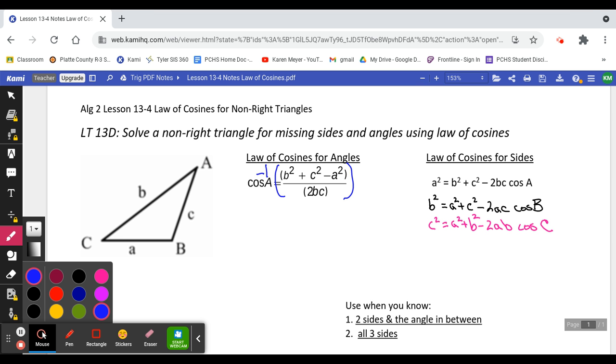On the top, you're going to add the two other sides together: little b squared plus little c squared minus, you always minus the side that matches the angle, so minus a squared, close my parentheses, divided by, on the bottom, open my parentheses, 2 times the sides you added together, which is b and c, close my parentheses, close my parentheses.